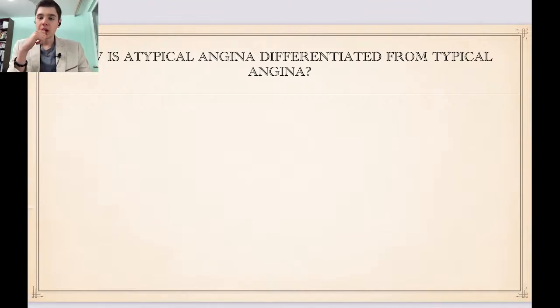Symptoms. Okay, but this is more like unstable angina and stable angina.